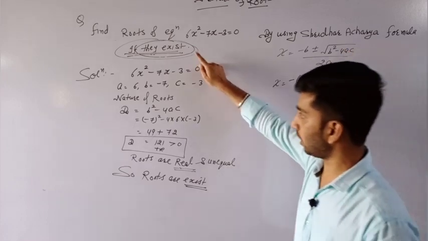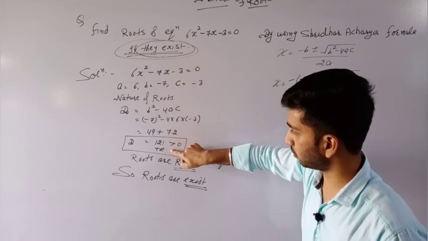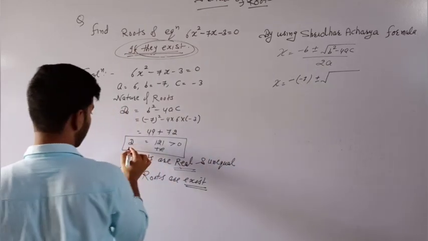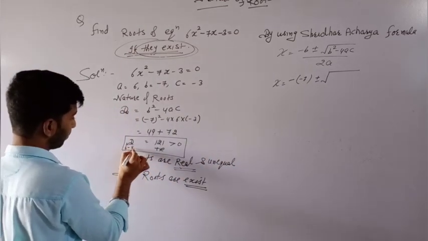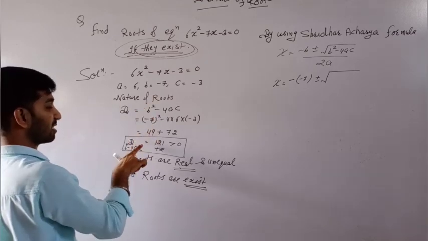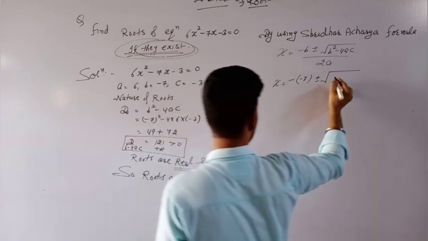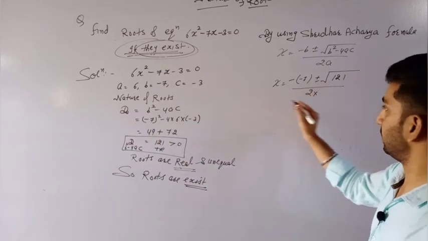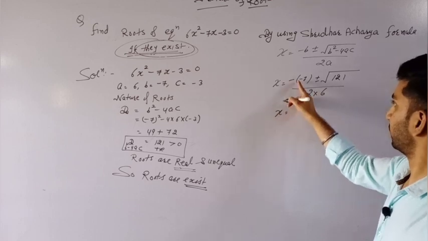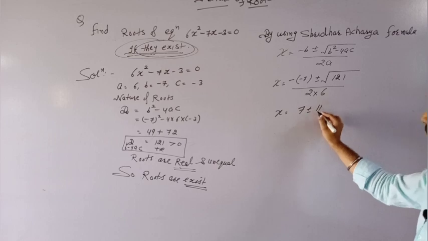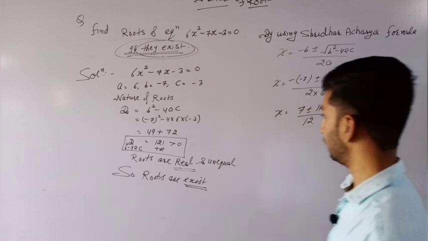I have the completed value of b square minus 4ac, which is 121, because we know that D is b square minus 4ac. So we put 121 directly, divided by 2 multiplied by a is 6. Negative multiply negative is positive, 7 plus minus root of 121 is 11, divided by 2 6s are 12.